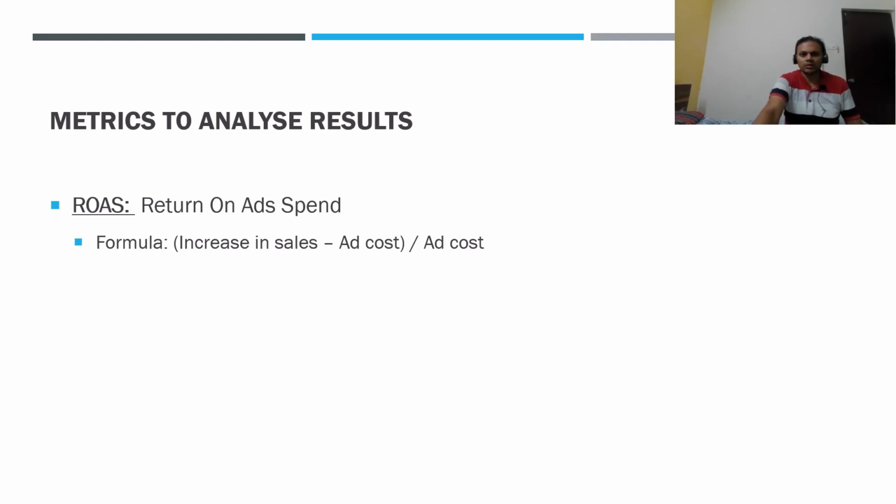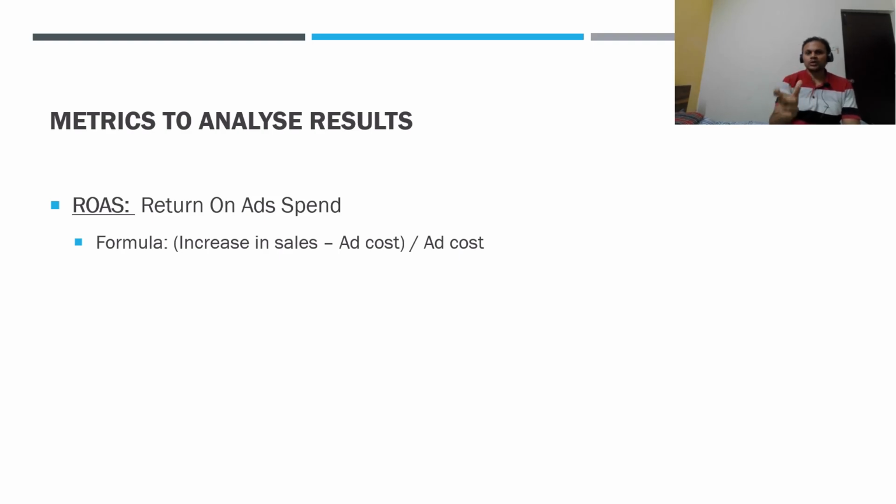You decide you want to see an increment in sales. Maybe you're not satisfied, you think there's more potential. So let's say you run an ad campaign for another 3 months, and you see that the sales have gone up to 20 lakhs, let's say.